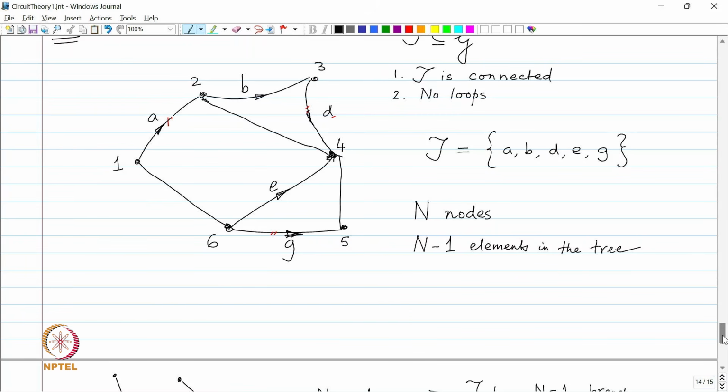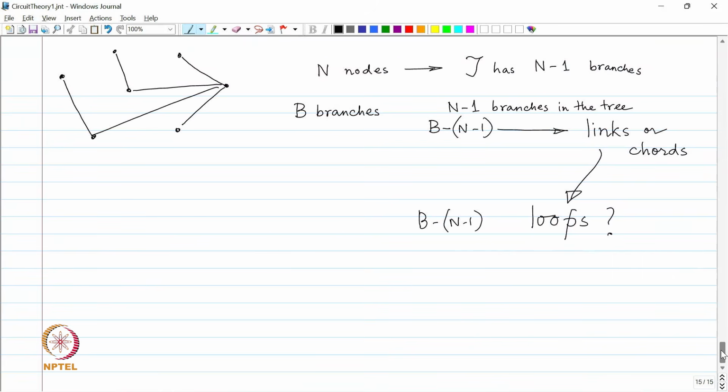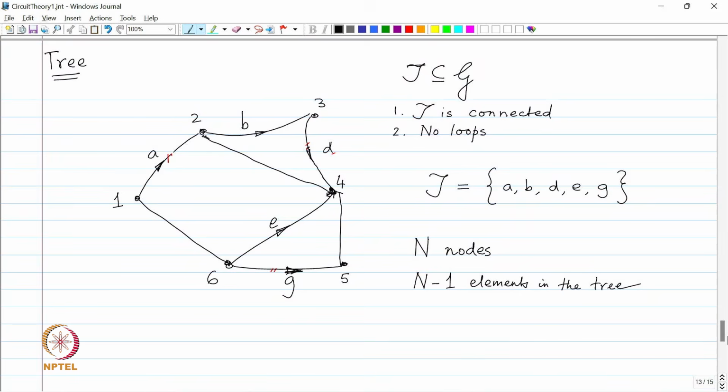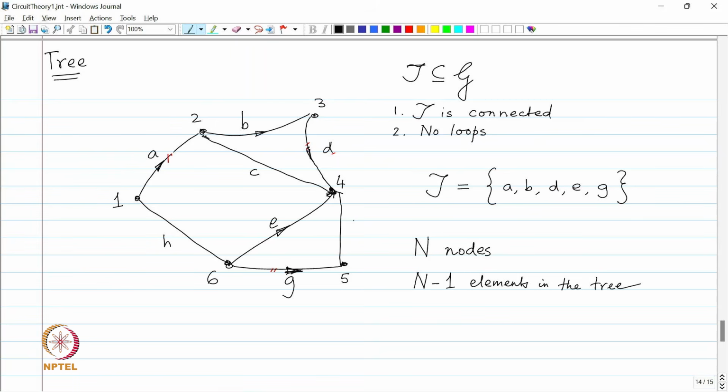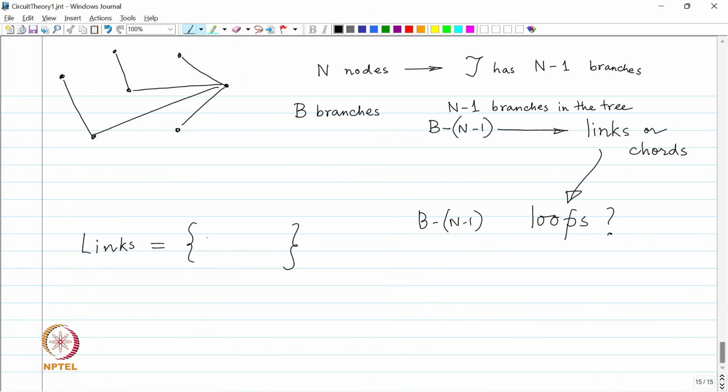So, in our case, first let us form the set which is the set of links: C, H, F. Okay, this is the set of links, fine.